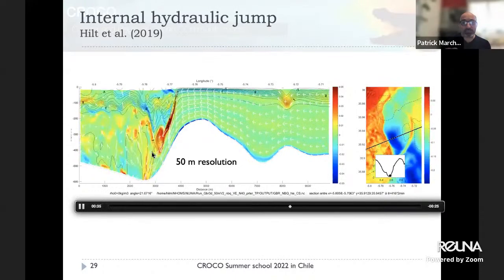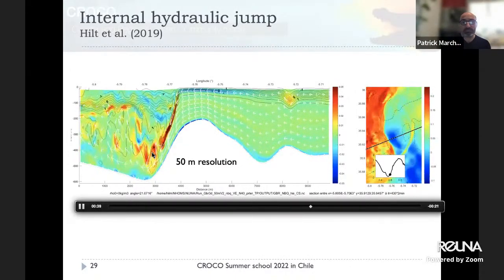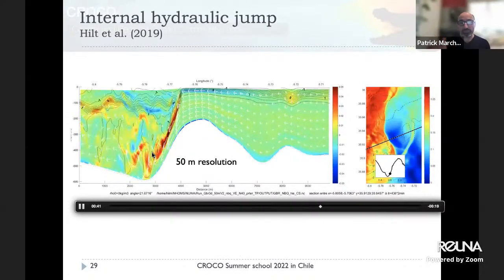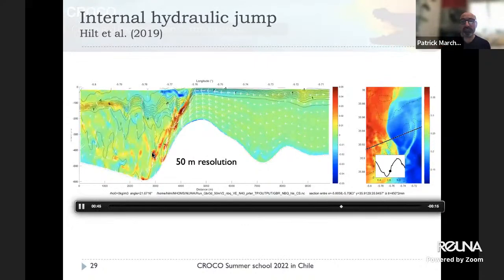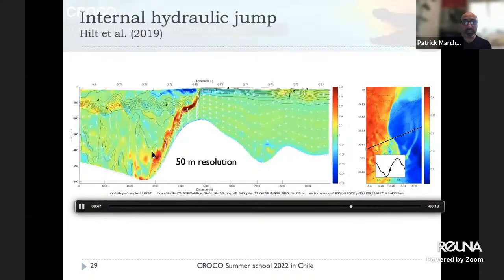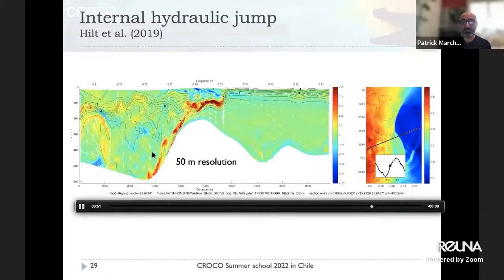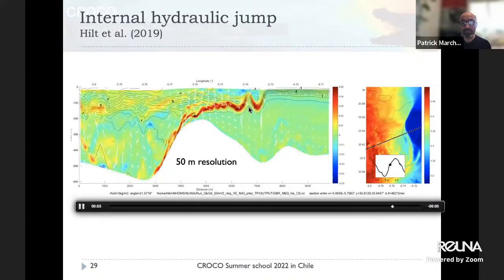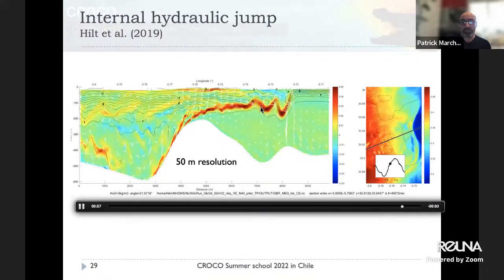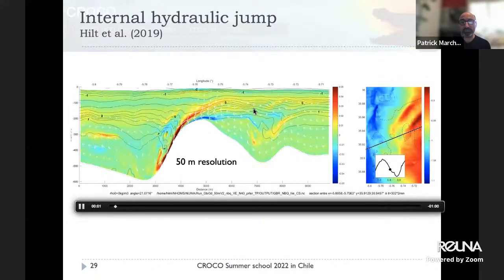This is a two-dimensional model with one horizontal and one vertical dimension, but a three-dimensional model is also being run by Margot Hilt, who is presenting her PhD very soon. So here you see the internal wave with the train of solitons generated and dispersing.